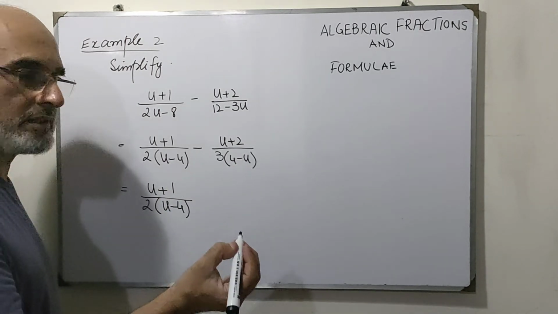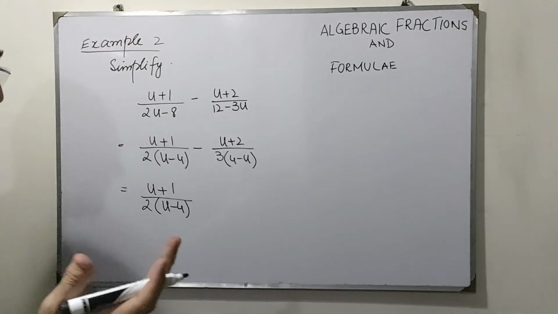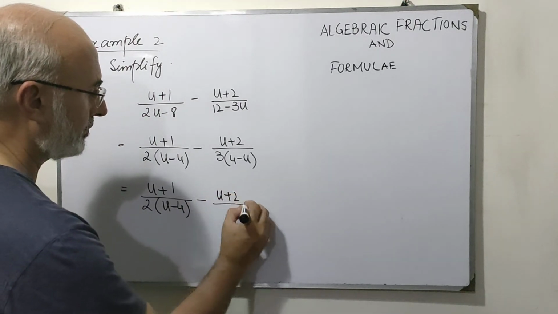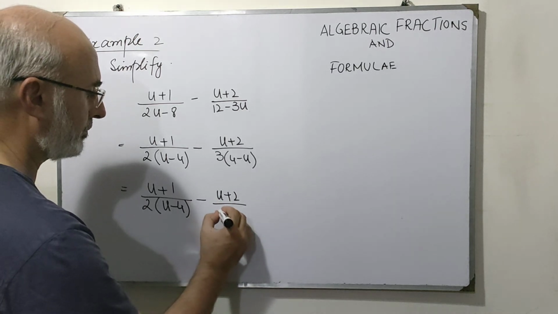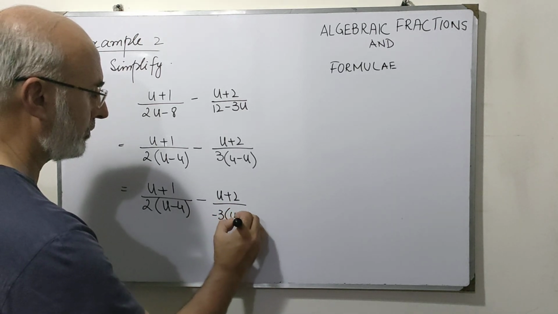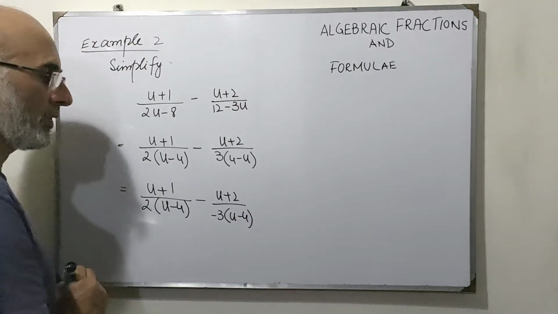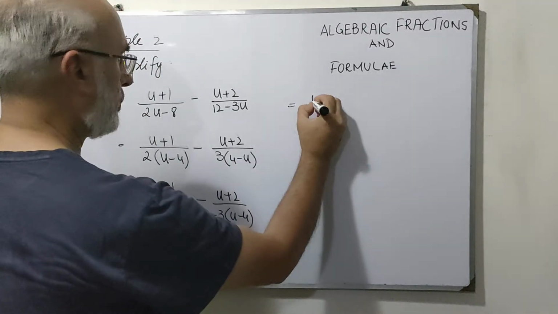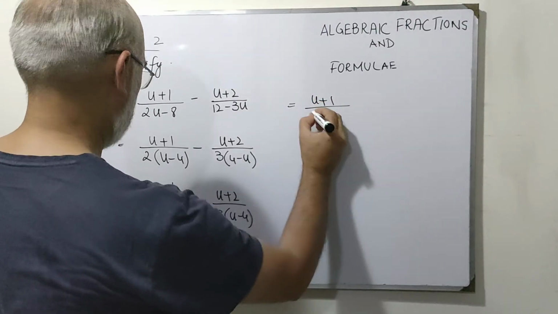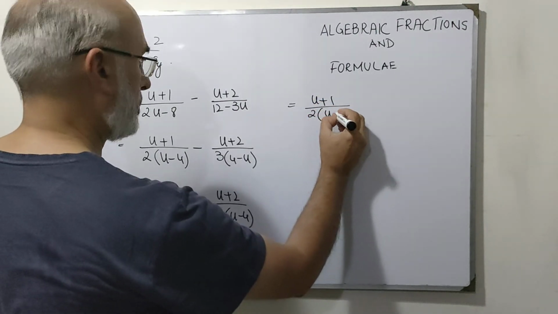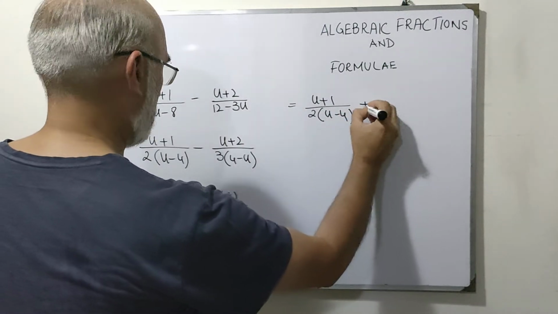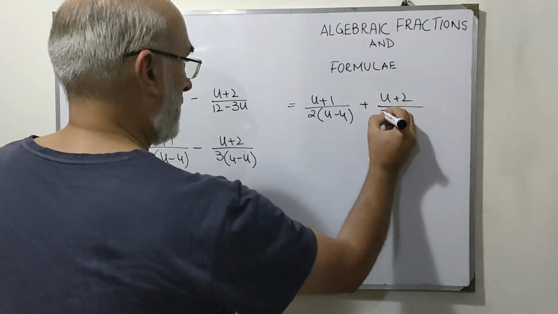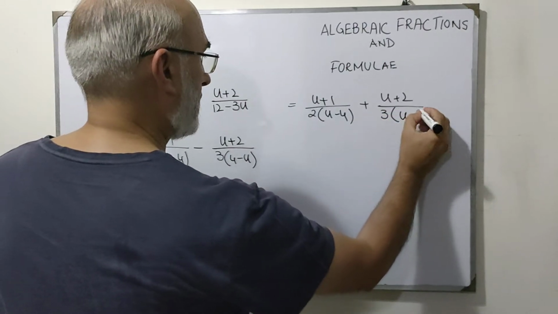Just for the sake of simplicity, I'm going to do it in two steps, otherwise no need. So what do we have here? 2 into (u minus 4) plus (u plus 2) over 3 into (u minus 4).